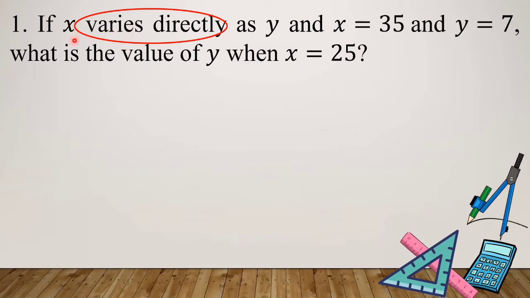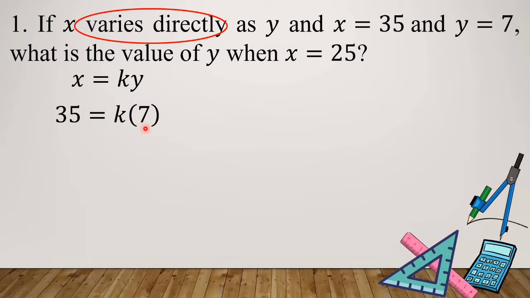Since x varies directly as y, the equation of variation is in the form x is equal to ky. Then substitute the value of x, which is 35, and the value of y, which is 7. It becomes 35 is equal to k multiplied by 7.